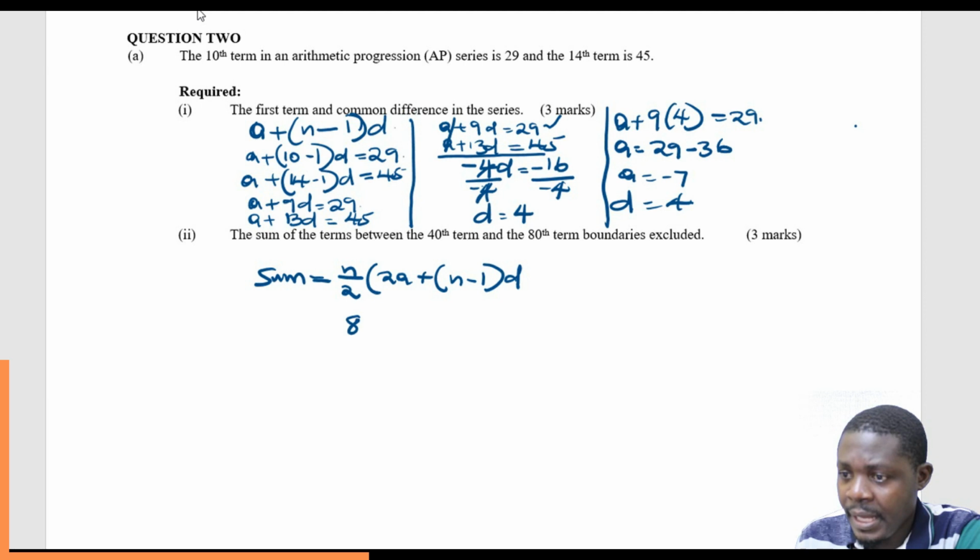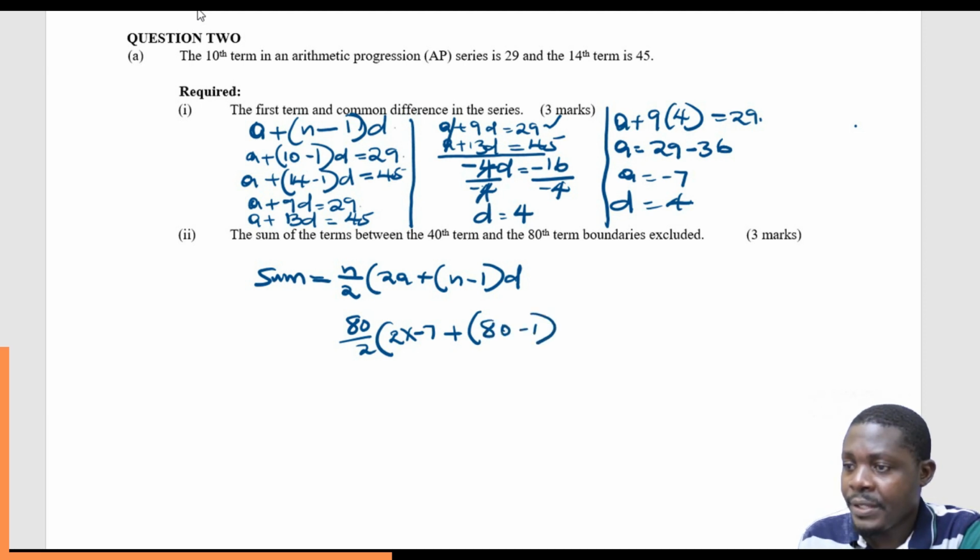Let me start with 80 terms: 80 over 2 multiplied by 2 times a, which we got above, that is negative 7, plus n minus 1, that is 80 minus 1, multiplied by the difference, which was 4.